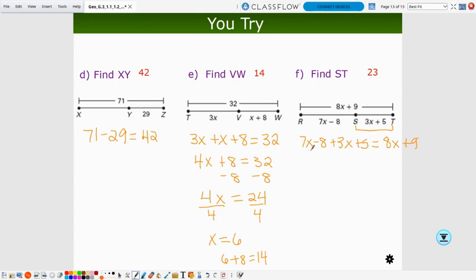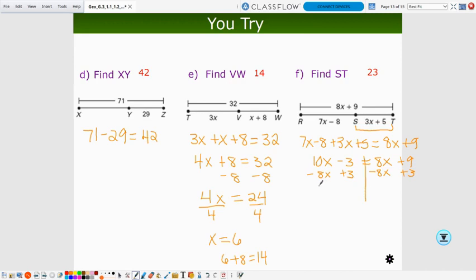I can do some combo of my variables here. I can work with my integers there. I can start moving my variables to one side. I can move my constants to the other side.